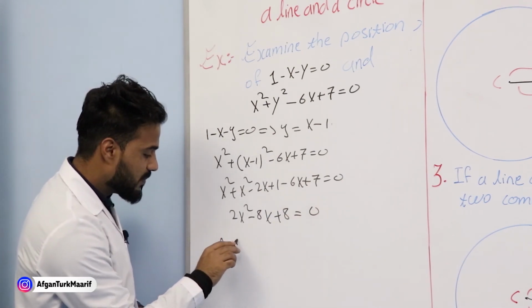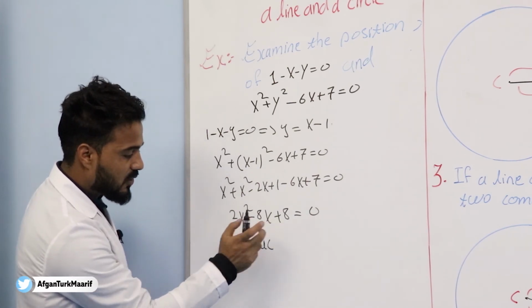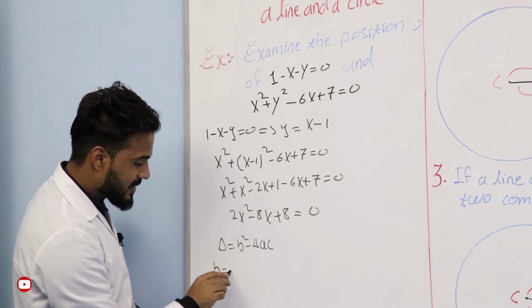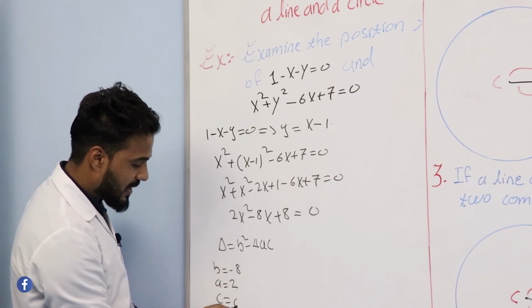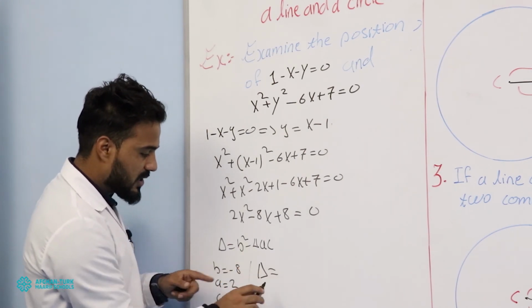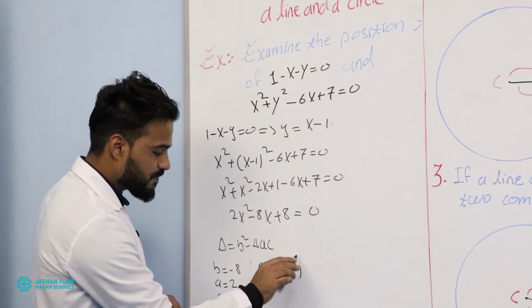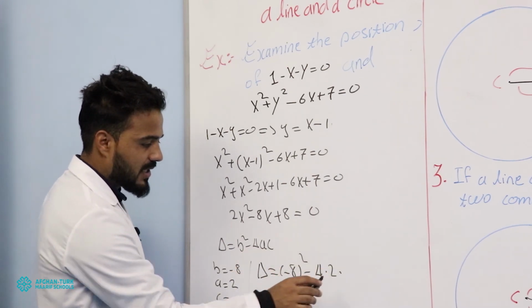Delta is equal to b square minus 4ac. So in this equation, b is equal to minus 8, a is equal to 2, and c is equal to 8. I am going to put these values in here. Delta will be equal to b square. It means that minus 8 square minus 4 times a is equal to 2 and c is equal to 8.